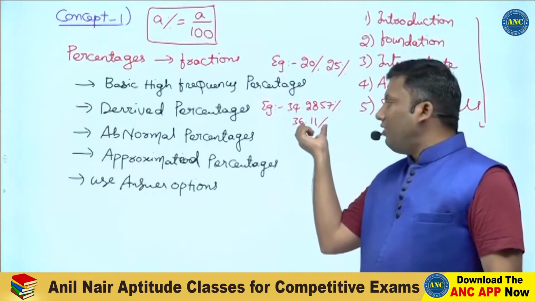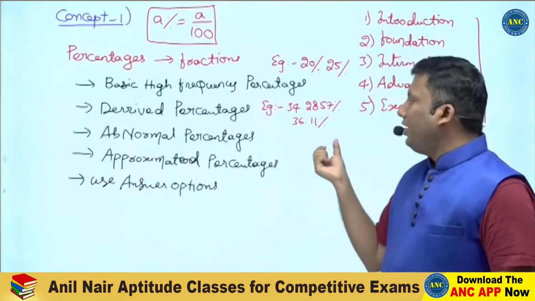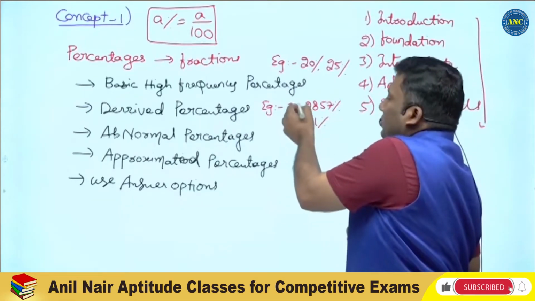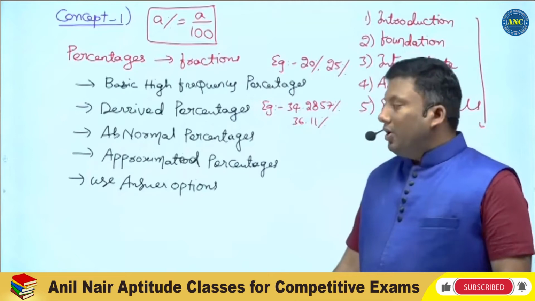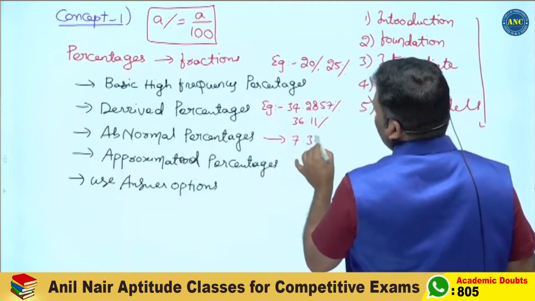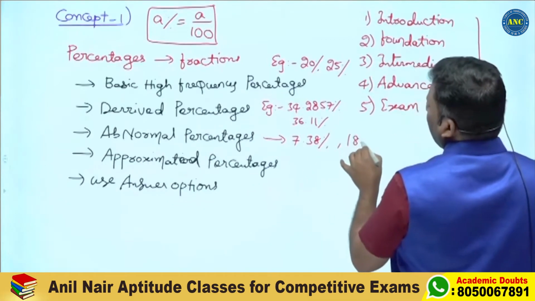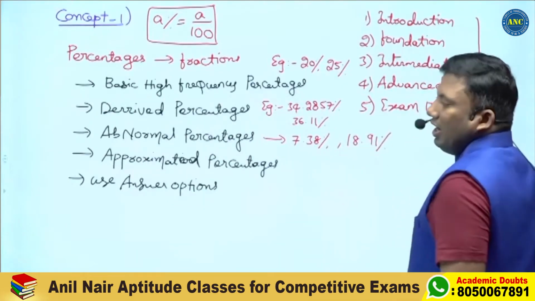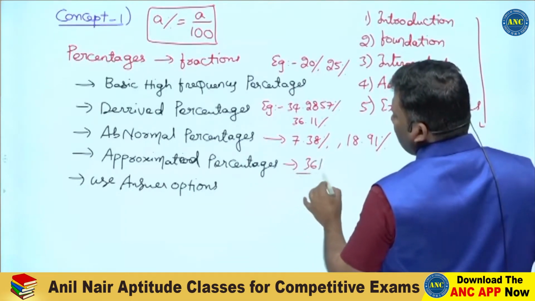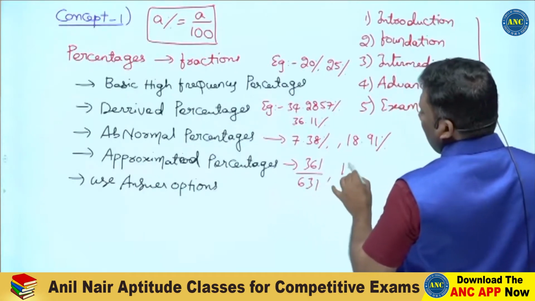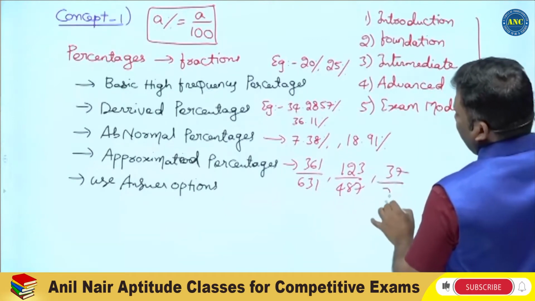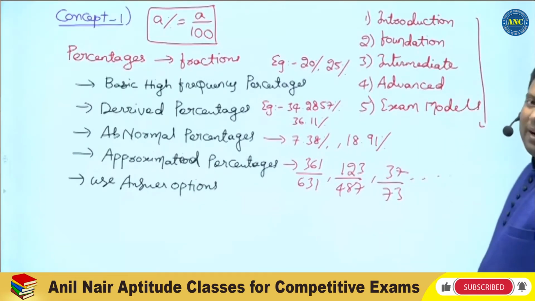It is a combination of 25% plus 11.11. Similarly, it is a combination of, suppose I take 20 plus 14.2857%. Abnormal percentages are 7.38% and 18.91%. How to approximate values like 361 by 631, 123 by 487, 37 by 73? How to approximate percentages?